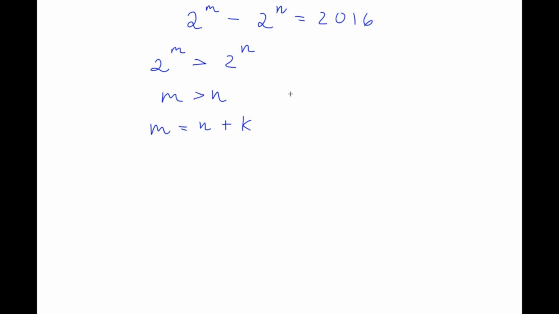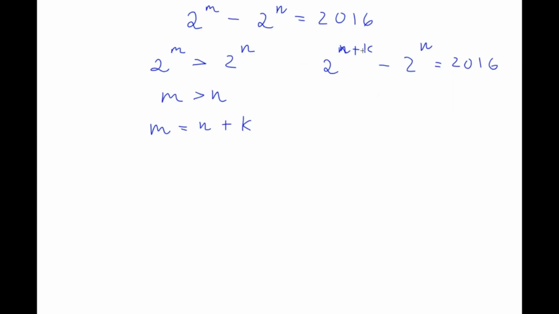So now, if I plug in n plus k for m, I have 2 to the power of n plus k minus 2 to the power of n is equal to 2016.